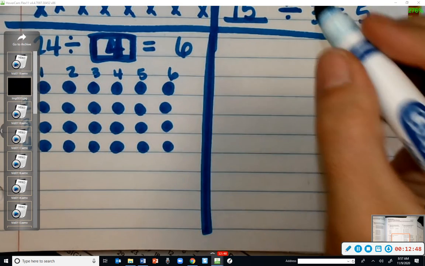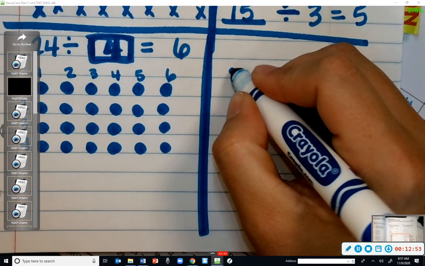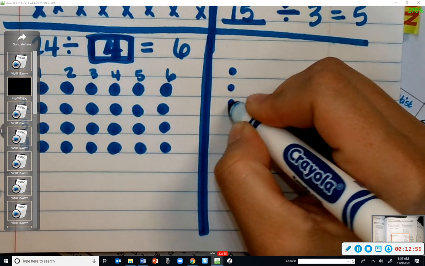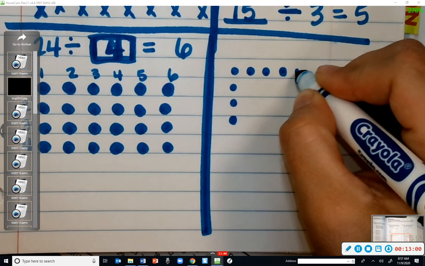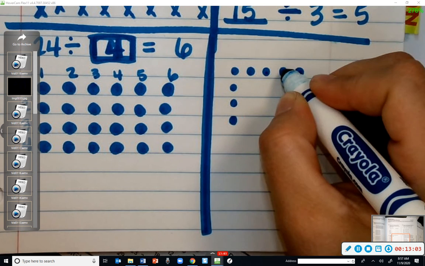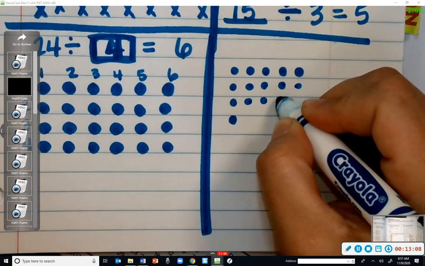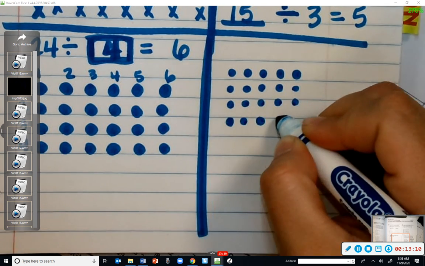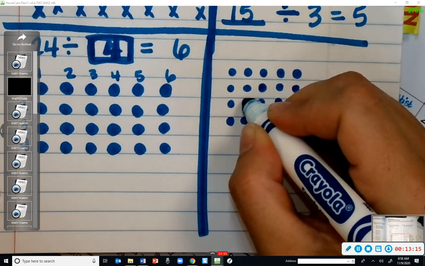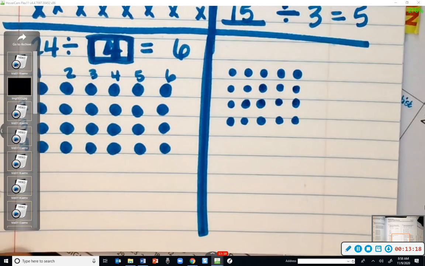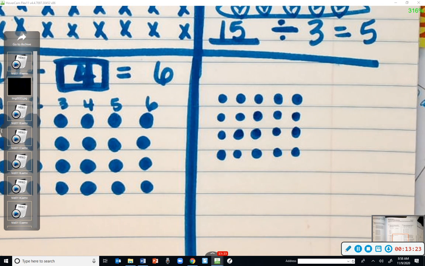Let's do another one. Okay, come up with your division sentence for this array.